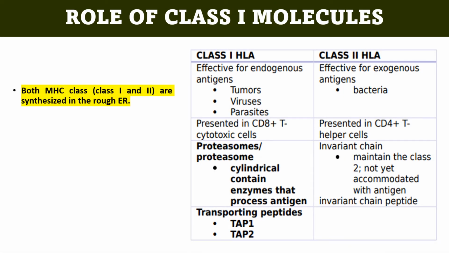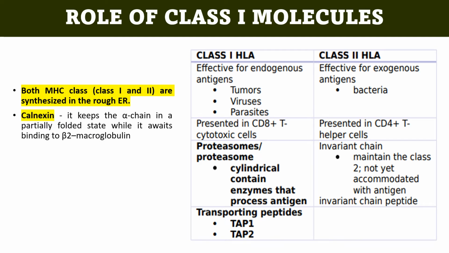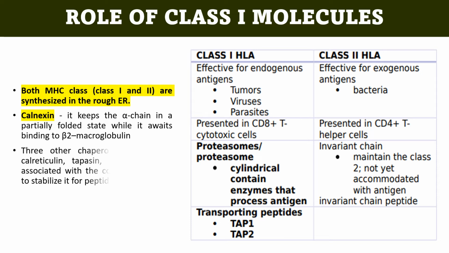Role of class 1 molecule. Both MHC class 1 and 2 are synthesized in the rough ER. Calnexin keeps the alpha chain in a partially folded state while it awaits binding to beta 2 microglobulin. Three other chaperone molecules, calreticulin, tapasin, and ERp57, are associated with the complex and help to stabilize it for peptide binding.